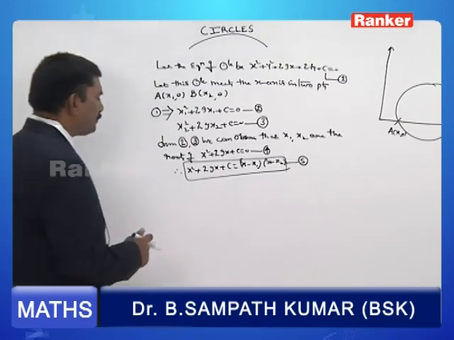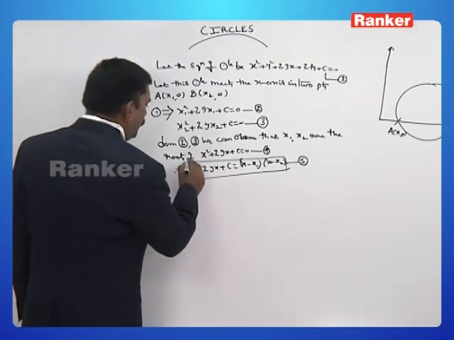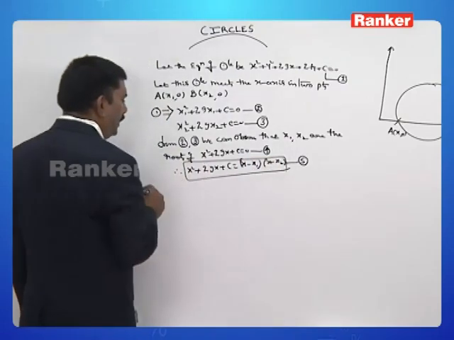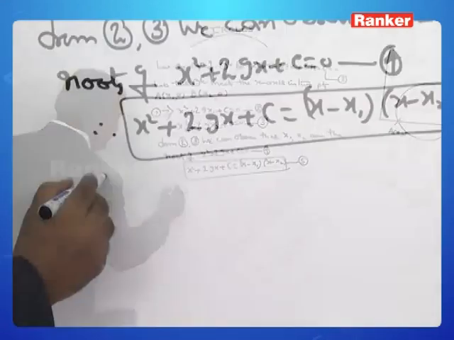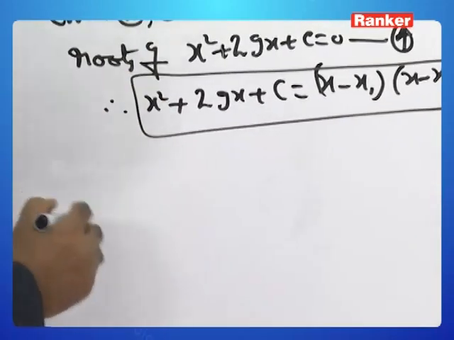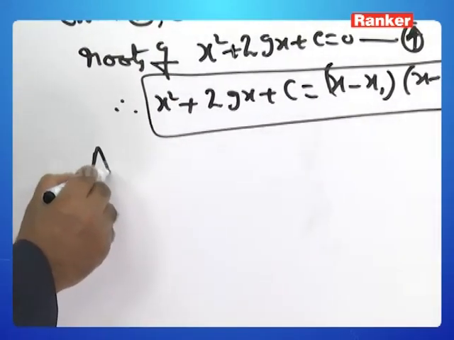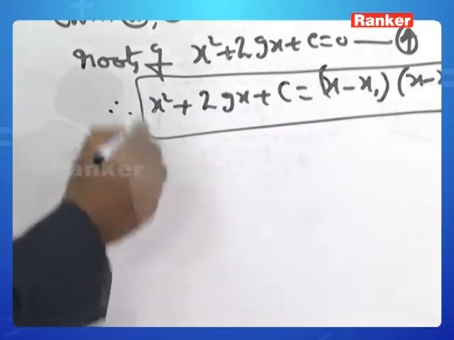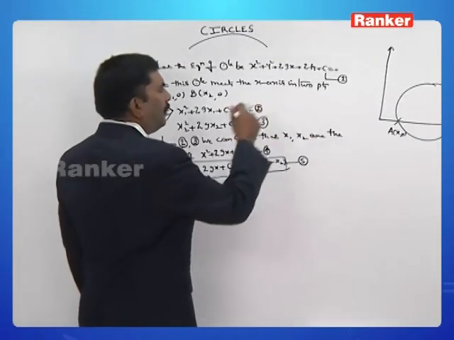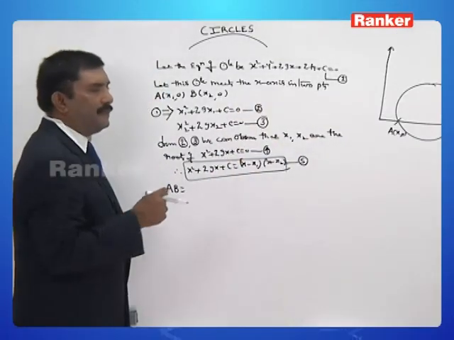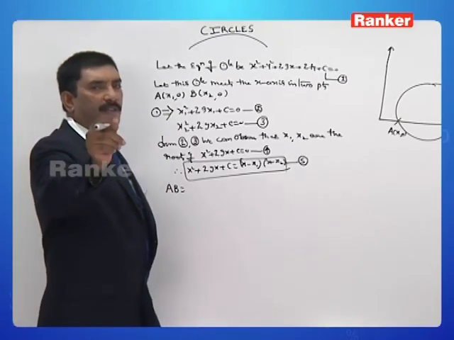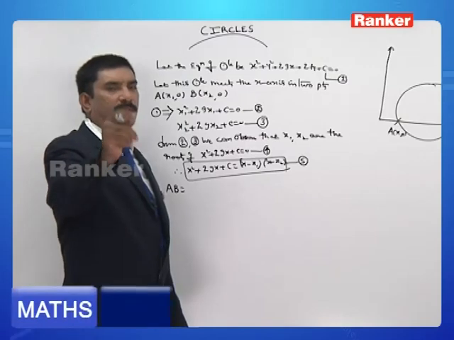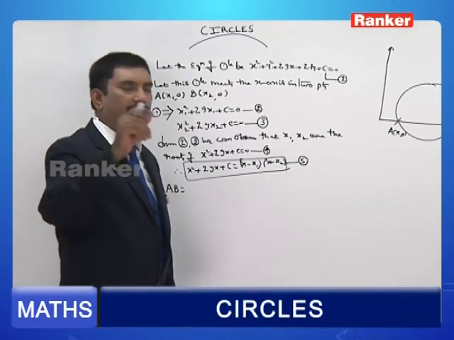Right, now, when you got this as the equation of the circle, before that, let us find out AB, the length of the chord on the x-axis, or we can say the x-intercept made by the circle, or the intercept made by the circle on the x-axis.